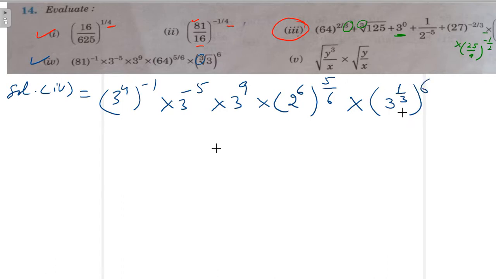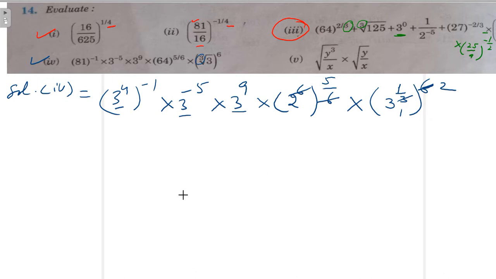Now we can move ahead with this question. So the base is the same, this got cancelled with this, and 3 1s are 3, 2 3s are 6, this is 3 2s are 6. Now these bases are same, so base of this is also same, 3 raised to power 2.